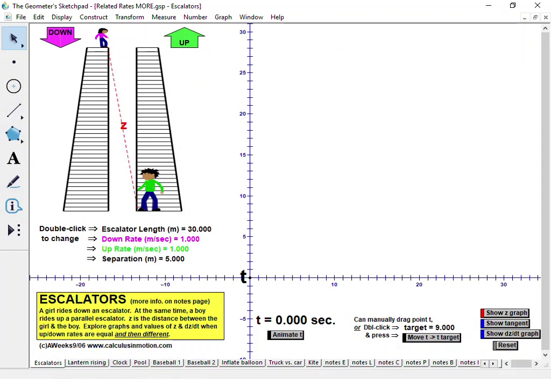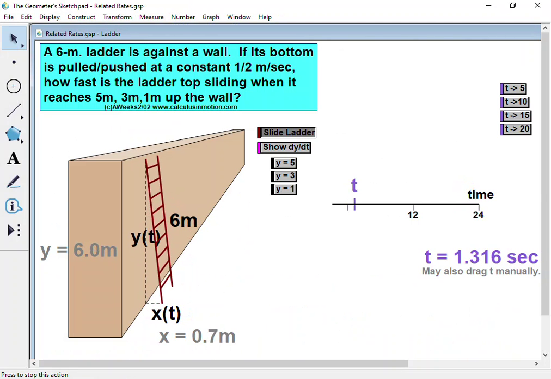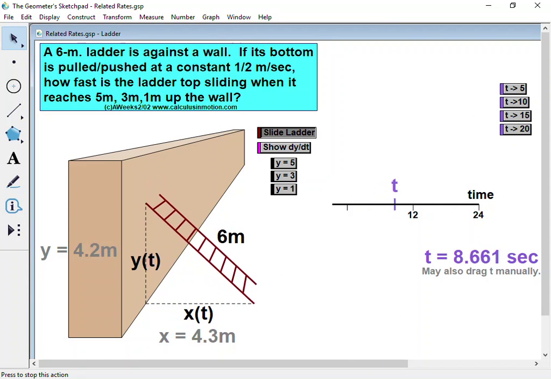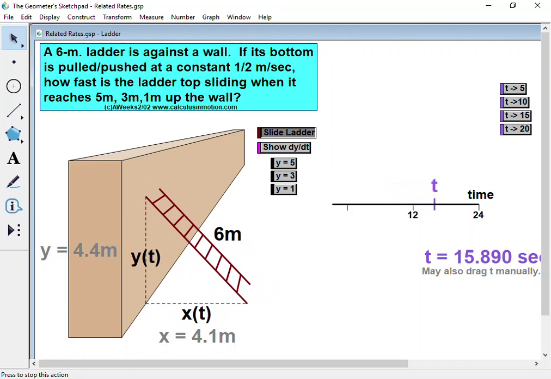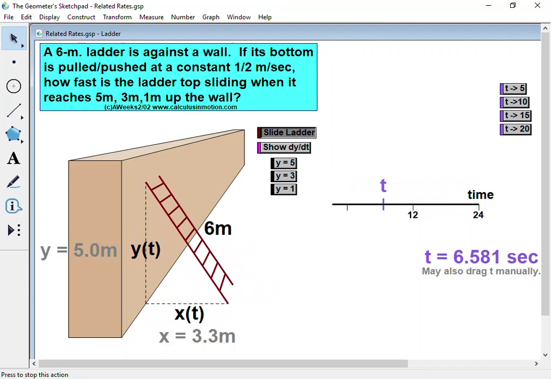So this is an example of the ladder. Here's your ladder. It's leaning against the wall, 6 meters high, and then you've got this x on the bottom, and you want to know the rate that it's sliding. When it's being pushed out, because Aryan chose out, the rate that y is changing is this.